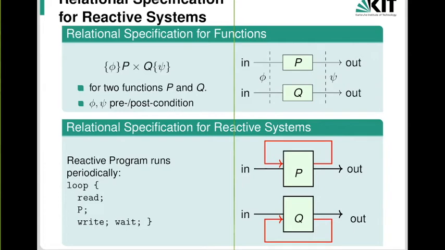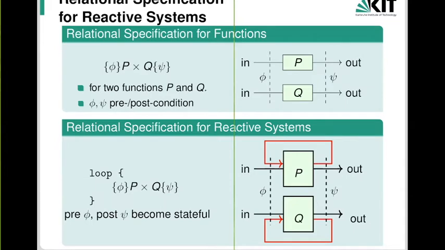So this means first, the program is run forever, and also P and Q are allowed to maintain an internal state. Now, if you want to express the relation between reactive systems depicted on the right, we would make it on each cycle because they are not terminating, there's no end. In each cycle, we would state, okay, for this particular cycle, there is the relational precondition and a relational postcondition.